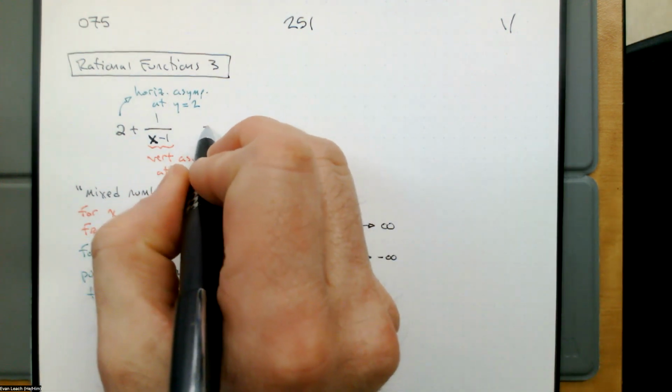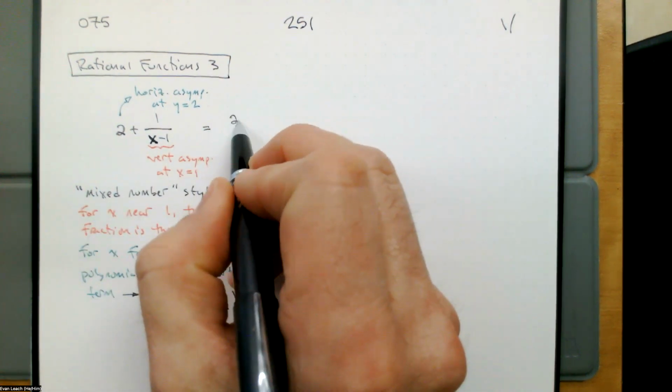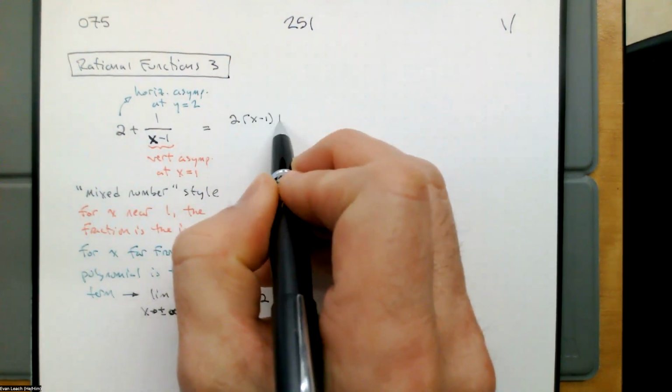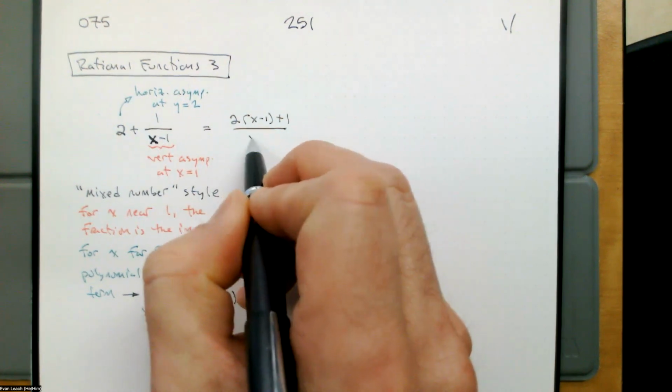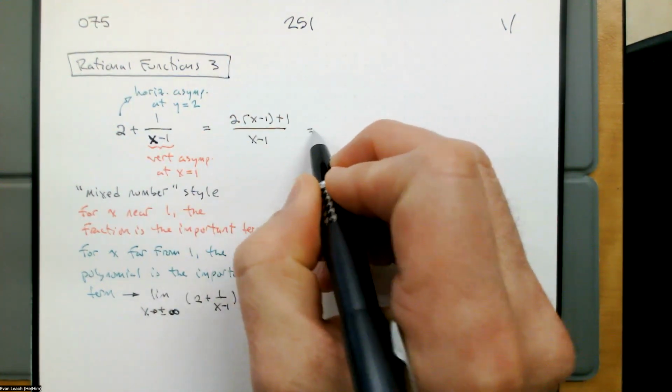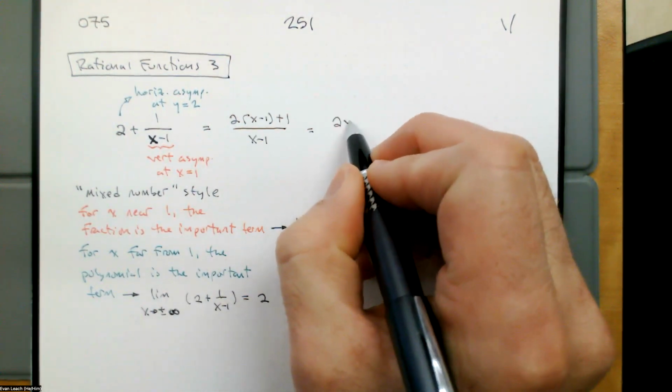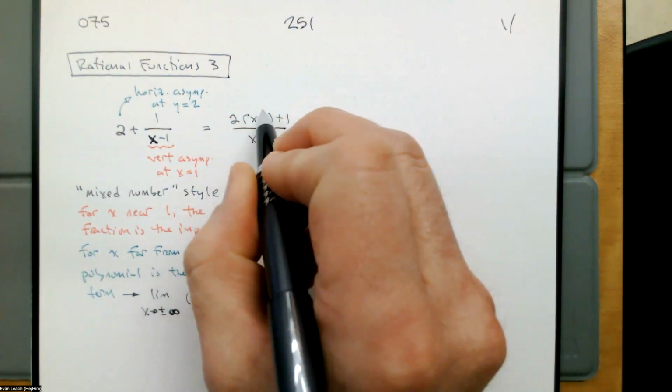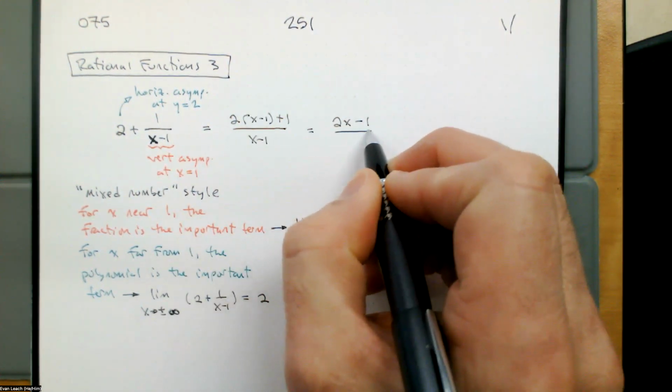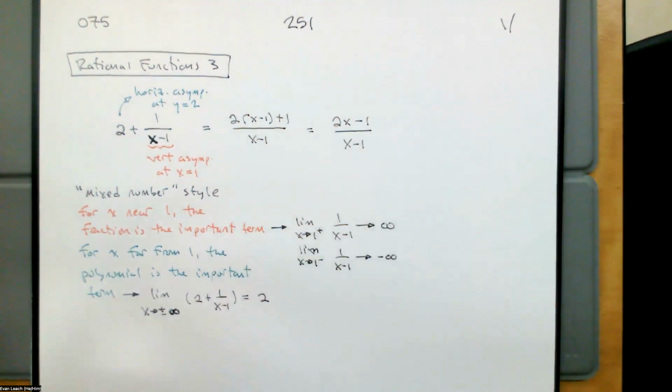So if we do some algebra, get a common denominator, this is 2 times x minus 1 plus 1 over x minus 1. So minus 2 plus 1 is minus 1 over x minus 1. This 2x minus 1 over x minus 1, if we add the fractions, we get this improper fraction style.